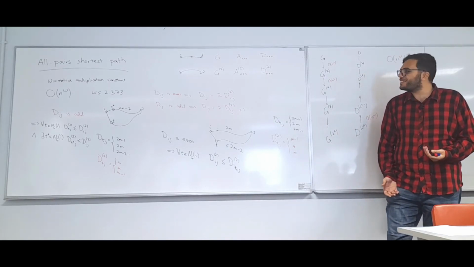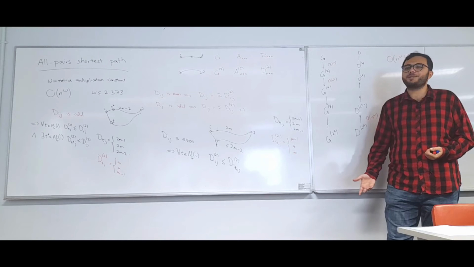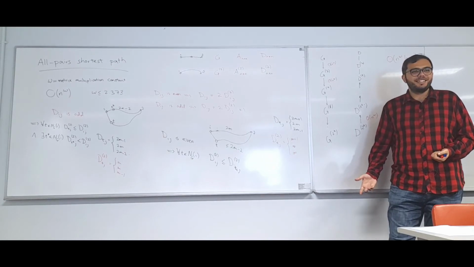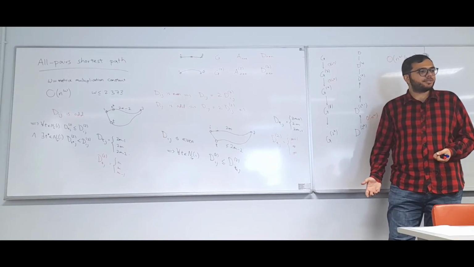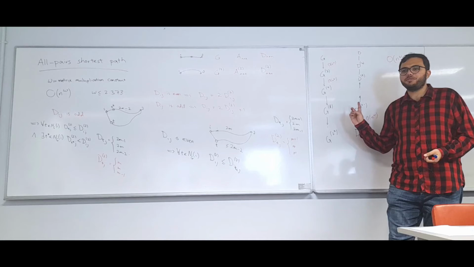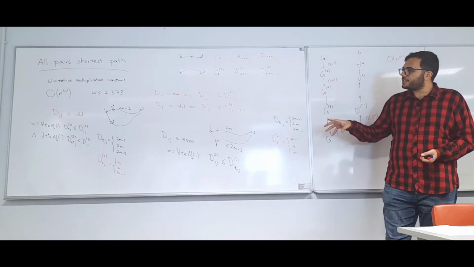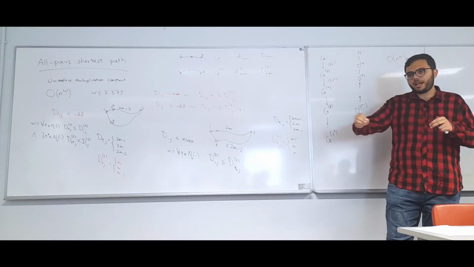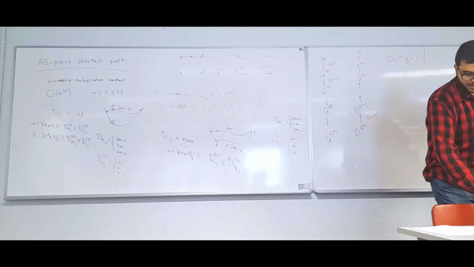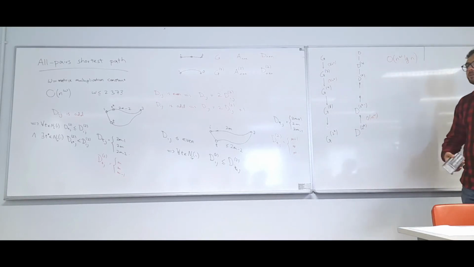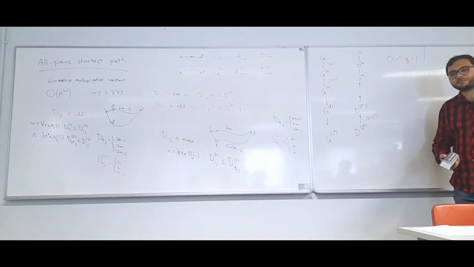Now that's the part where this whole idea of matrix multiplication really fails us. So if you just want the distances between every pair, this is going to work and it's faster than the previous approaches. But now let's say I want to also find the path itself. Okay, so the rest of this lecture and probably even some of the next lecture is about finding the path.